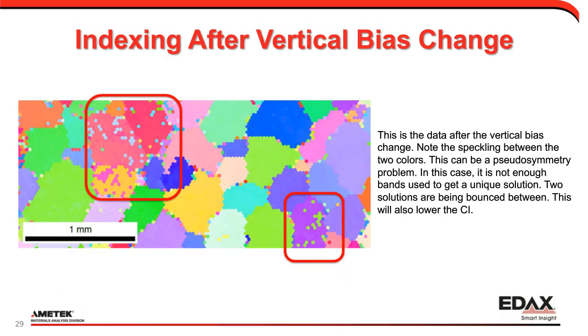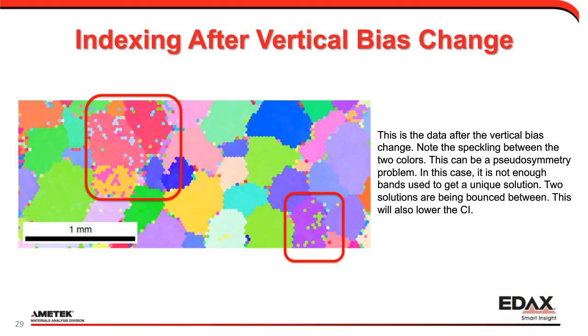I can see that in certain ones of these grains, I'm speckled. Here, in the areas I have marked in red, you can see that inside of grains, I'm bouncing between two solutions. In the bottom right, I have purple and green. It's consistent, but it's bouncing between two solutions. If I look at the top left, there are 3 grains that are clustered, that again are bouncing between a couple different solutions.